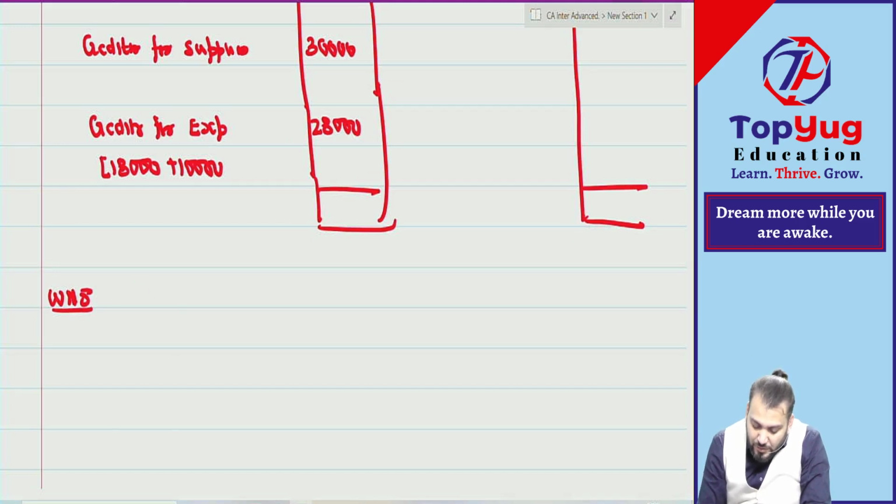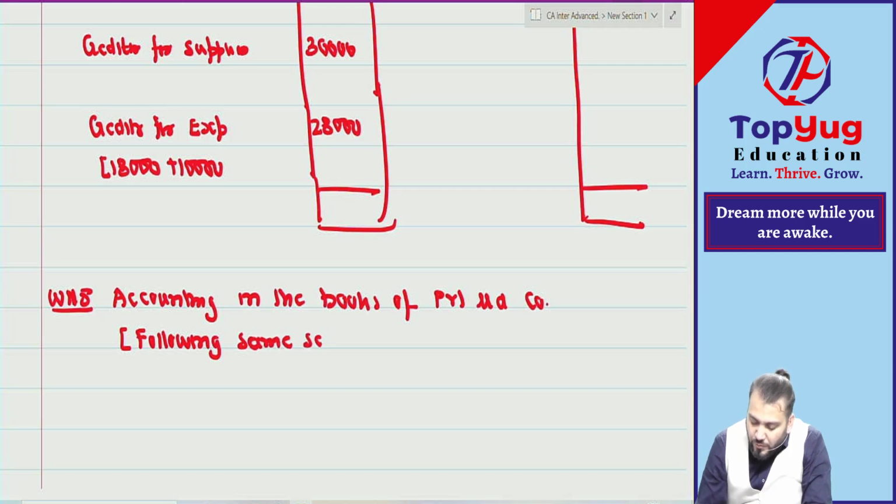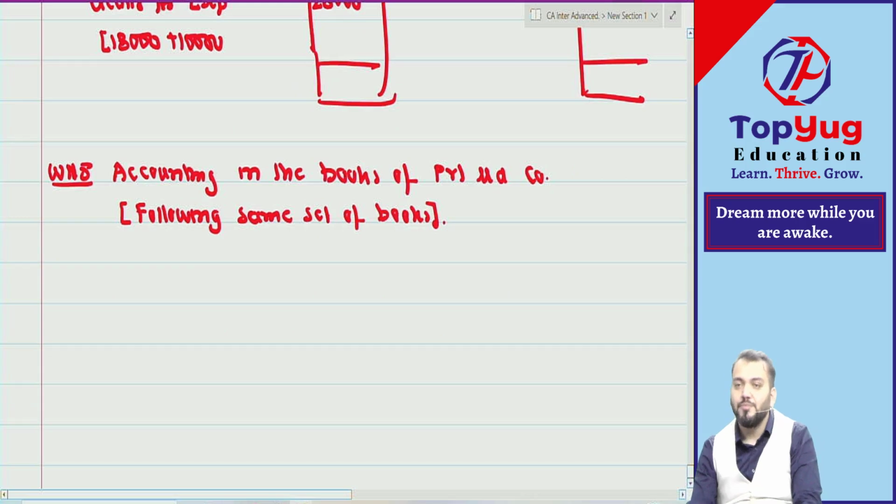So, can you give me the accounting treatment in the books of the private limited company, following the same set of books? Understood? I will give you a step.